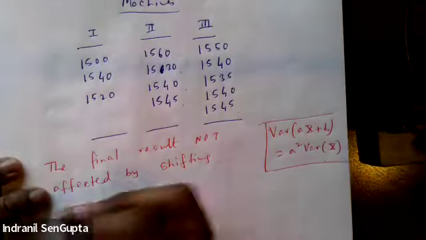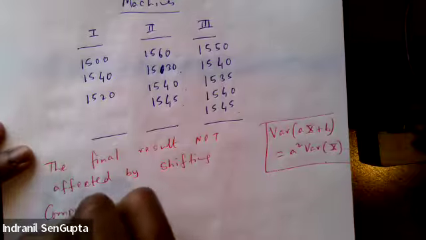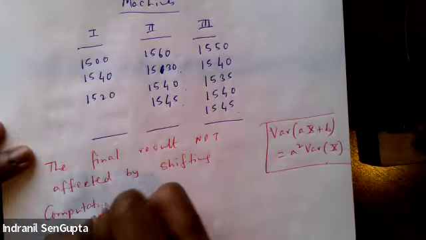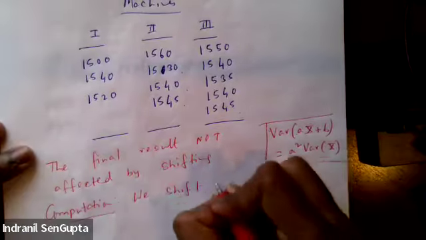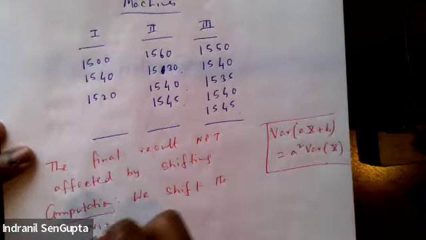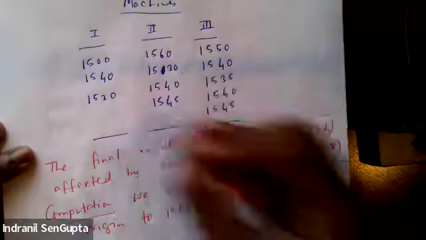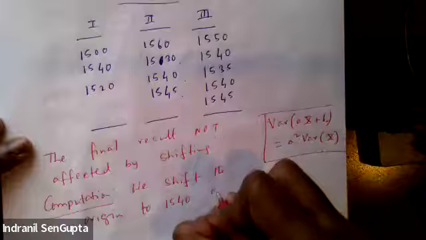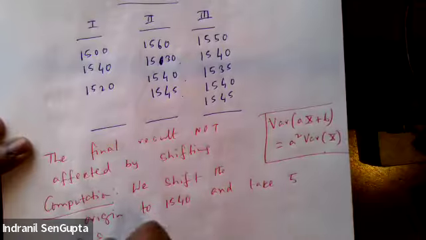All right, here is another way of doing this computation. We shift the origin to 1540 from this data and take 5 as the unit.